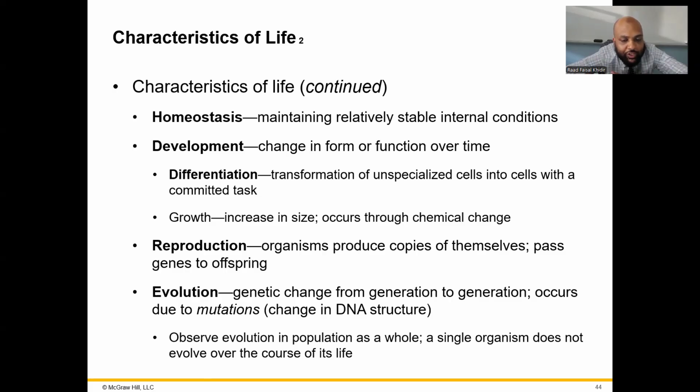We have differentiation, the transformation of unspecialized cells into cells with a committed task. And there's growth, an increase in size, which occurs through chemical change. There's reproduction. In reproduction, organisms produce copies of themselves and pass genes to their offspring.